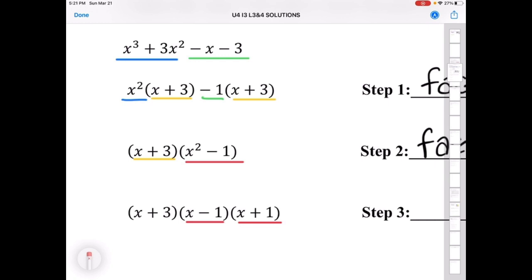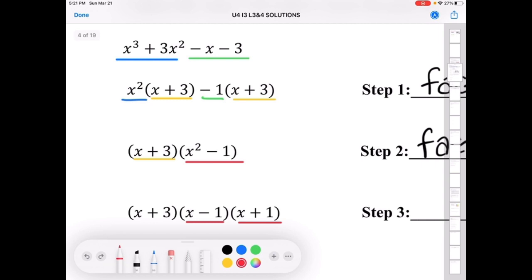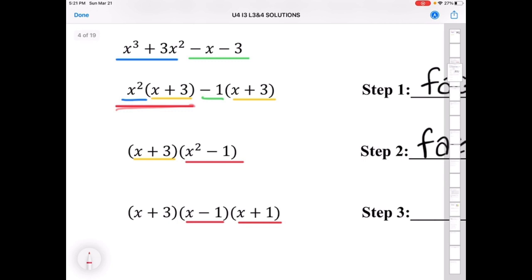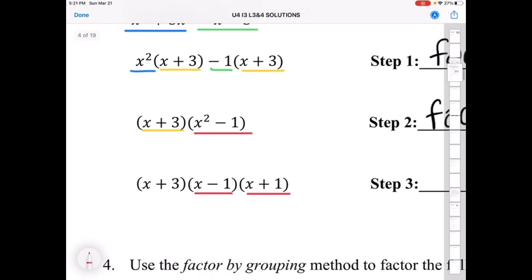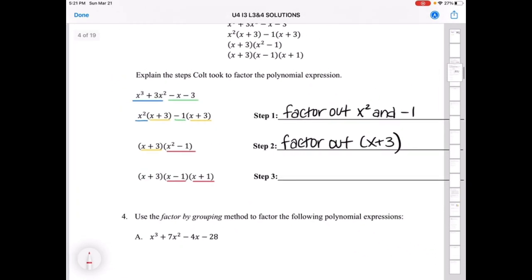So if we factor out that x plus 3, we're going to be left with x squared minus 1. This makes sense because if you distribute back in, x plus 3 times x squared is going to give you x squared times x plus 3, and then x plus 3 times negative 1 is just going to give you negative 1 times x plus 3. So it doesn't matter how you write it. It's still going to be equivalent. So we factored out that x plus 3.